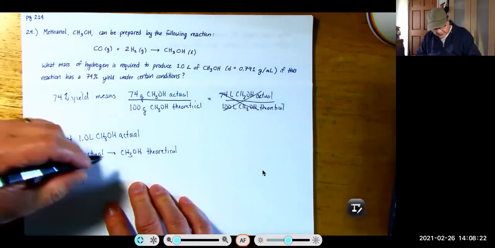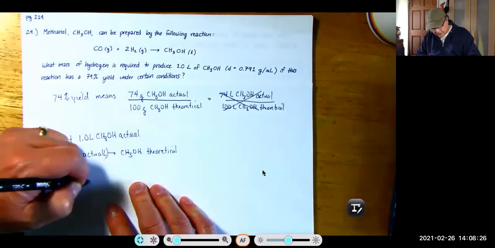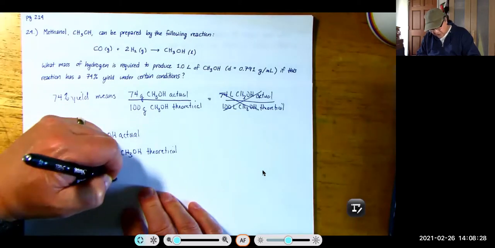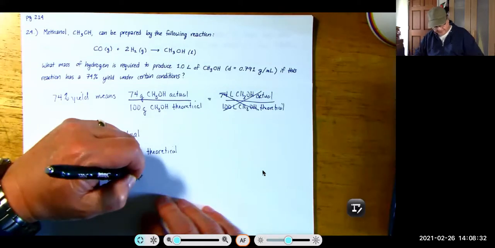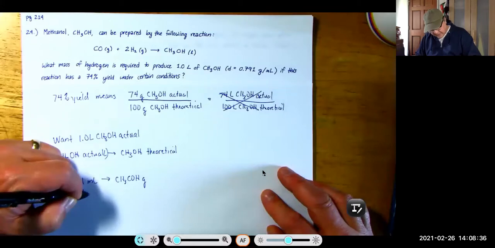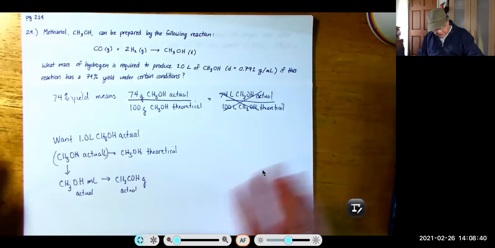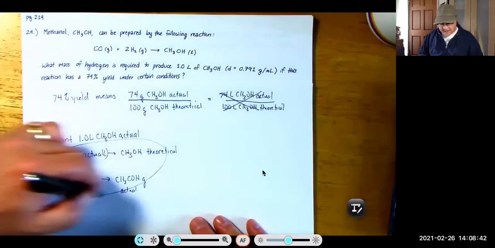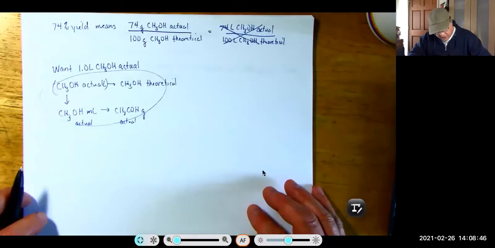Since it's in liters, we're going to convert that to milliliters. Then we're going to convert that to CH3OH grams. And this is all actual. Now I'm getting a little spread out here. So what I'm going to do is take all of this and write it out as follows.